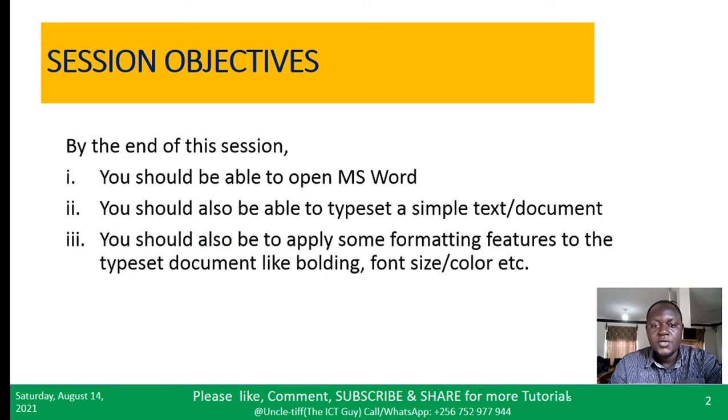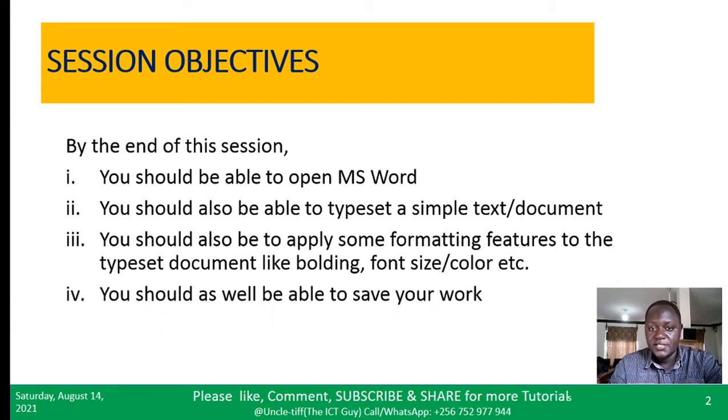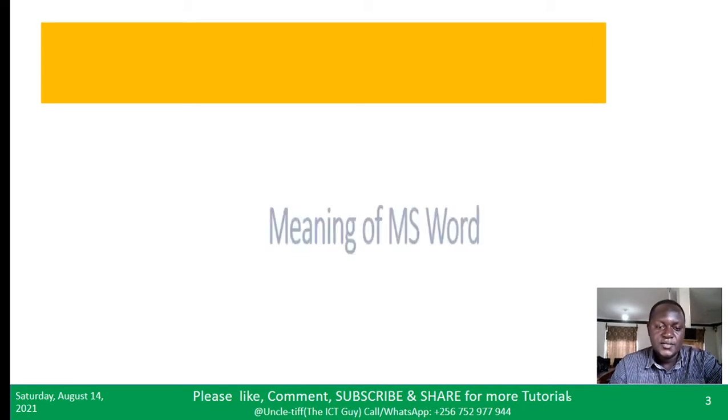Third, you'll be able to apply some features to the typeset document, features like bolding, italicizing, underlining, changing the font color, and size. Then lastly, you'll be able to save your work.